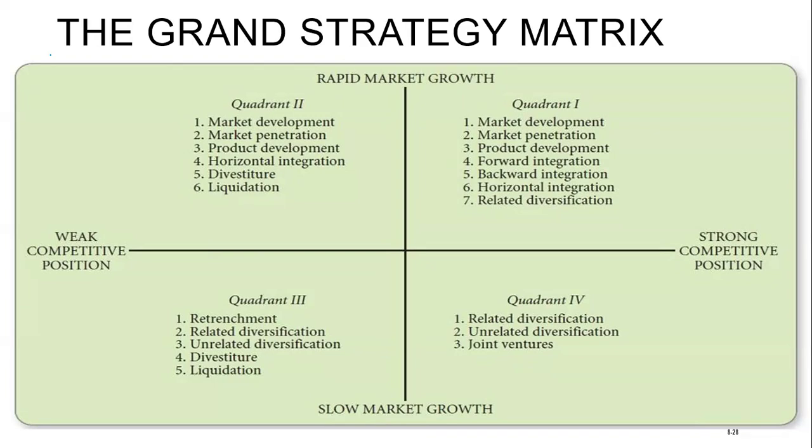This one too, we are just using the vertices to do the interpretation. If you are in quadrant 2, it means you are experiencing rapid market growth, but with a weak competitive position. That means that they need to improve their level of competitiveness to capitalize on market growth.